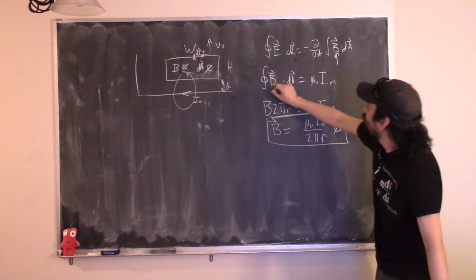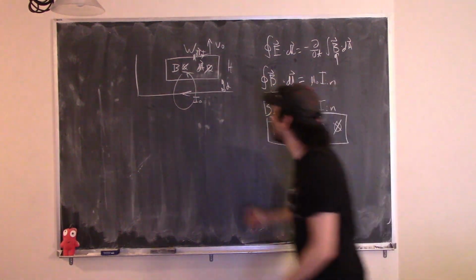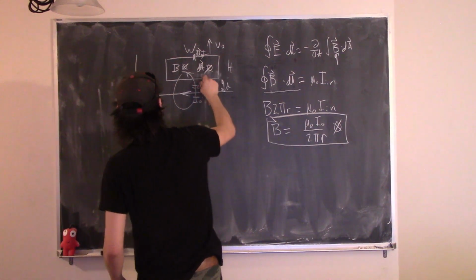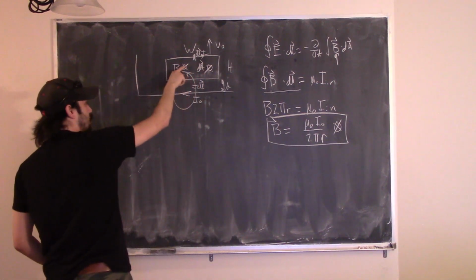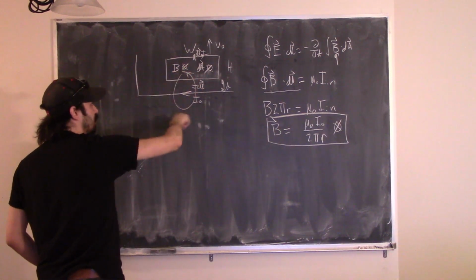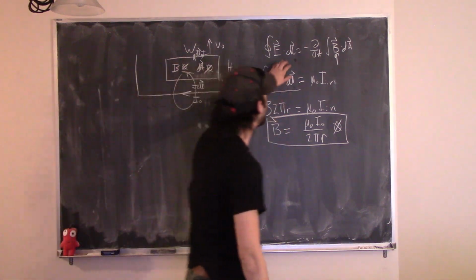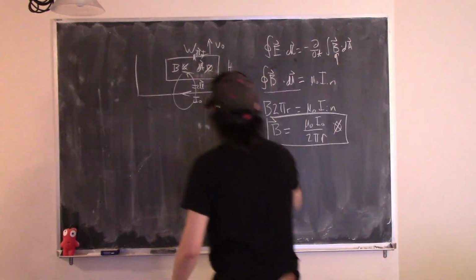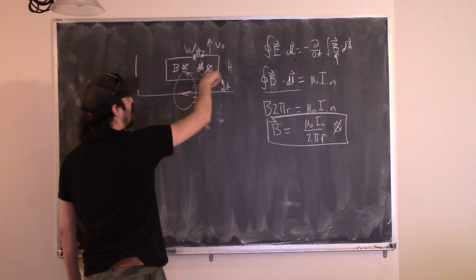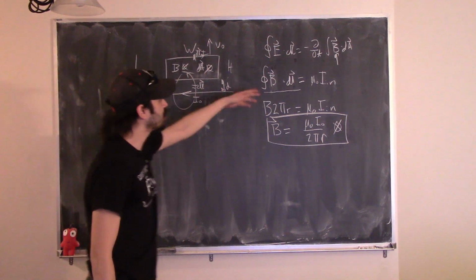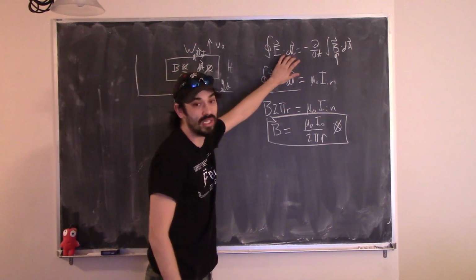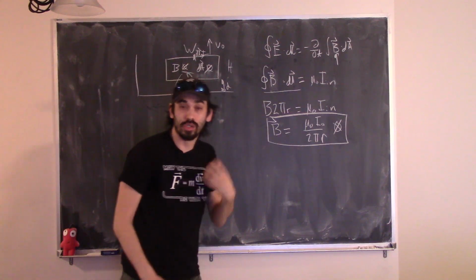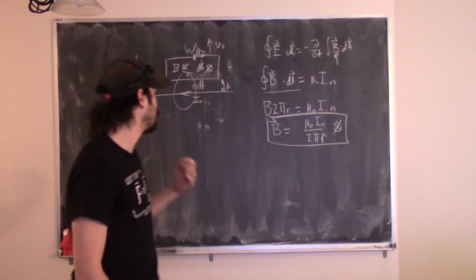Well, this B dot dl has to do with the magnetic field that's summed around this loop that the magnetic field goes around. This E dot dl has to do with the loop of wire. And so really, even though these are both written as some dl vector, these are two different dl vectors.